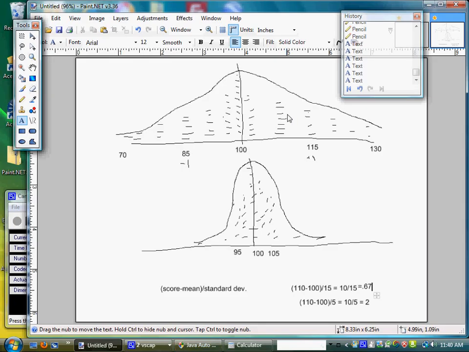Now here, 110 is 2 standard deviations above the mean. So compared to your peers, you did better on the second test than on the first test. You were 2 standard deviations above the mean. That means you probably did better than about 97% of the people who took the test. Whereas here, we know that 50% fall below the mean, and you've got another maybe 20%. So maybe you did better than about 70% of the people.